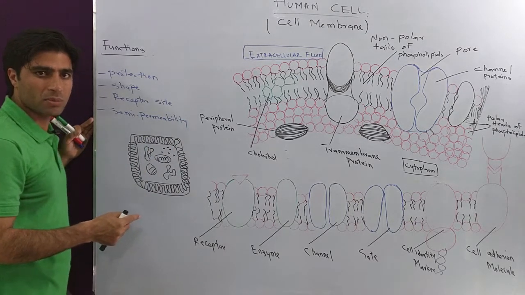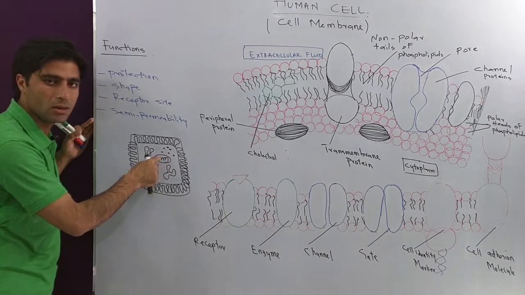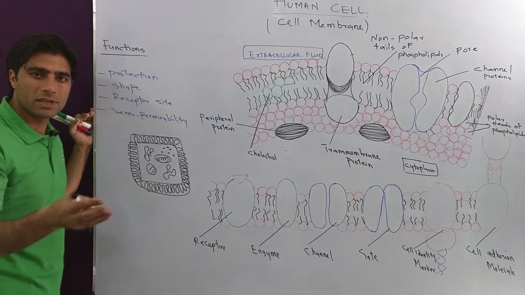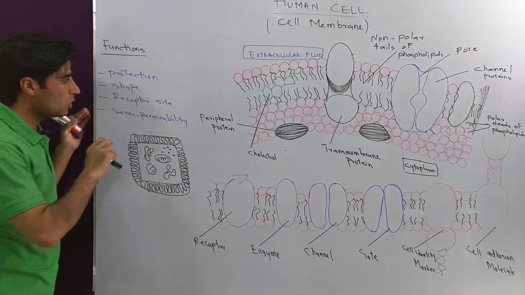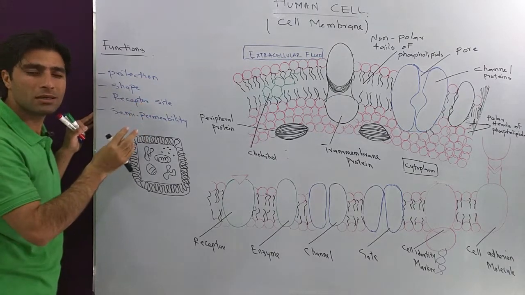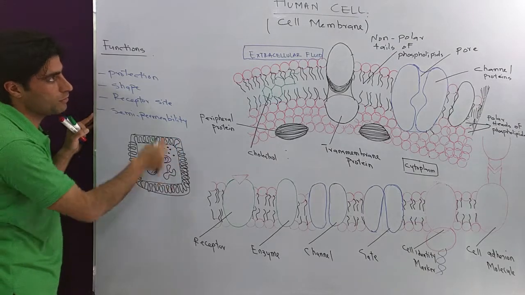There might be certain agents which can harm the intracellular organelles, or certain changes in temperature, changes in their physical and chemical environment. So protection from physical agents, from chemical agents, from microbiological agents, got it? These are the functions of the cell membrane.